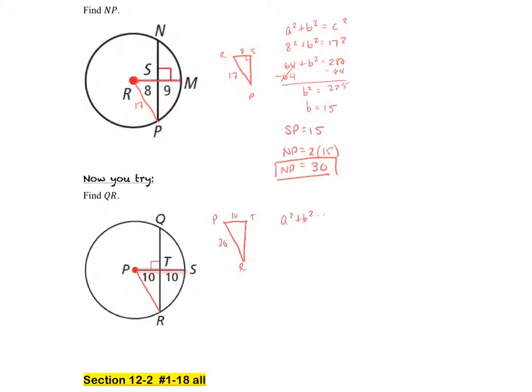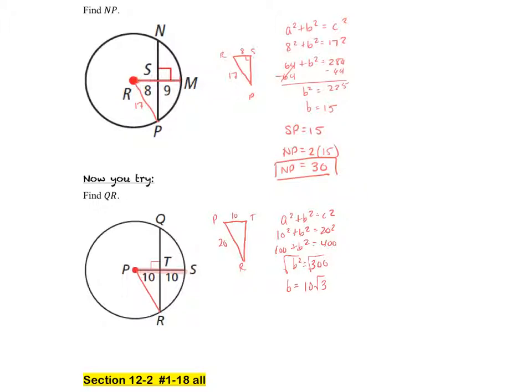A squared plus b squared equals c squared. 10 squared plus b squared equals 20 squared. 100 plus b squared equals 400. B squared equals 300, square root both sides. And b is equal to 10 radical 3. You could also get a decimal for that, but 10 radical 3 would be the most accurate. So if you want to, you could calculate a decimal.